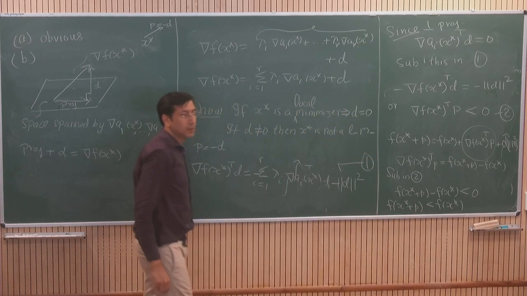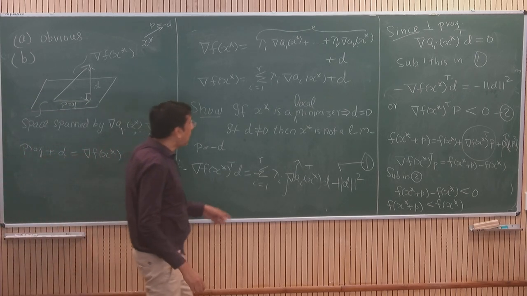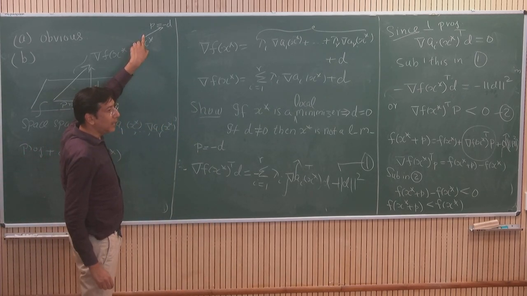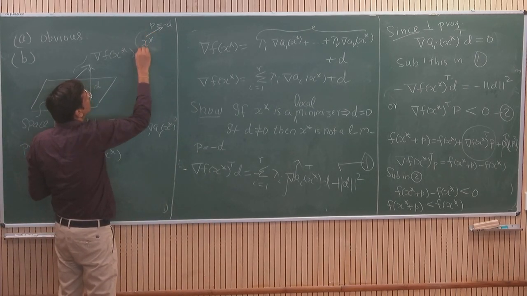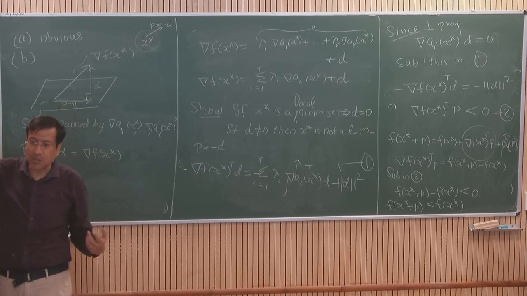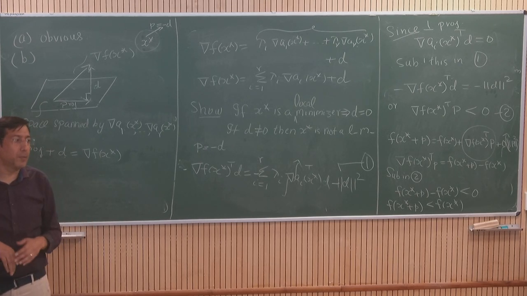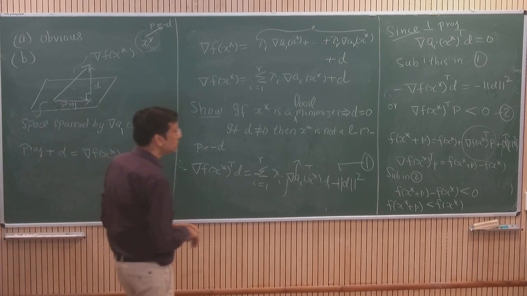Yes or no? Yes. So which means that I was at x star and if I draw a smaller circle around it, a hypersphere, and I went in the p direction, I get a reduction in the function value, which means I am no longer a local minimizer. Correct?